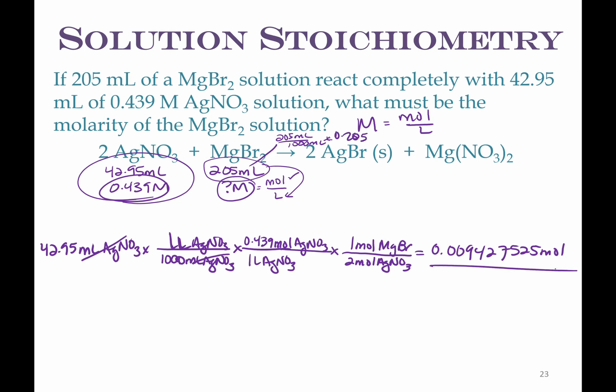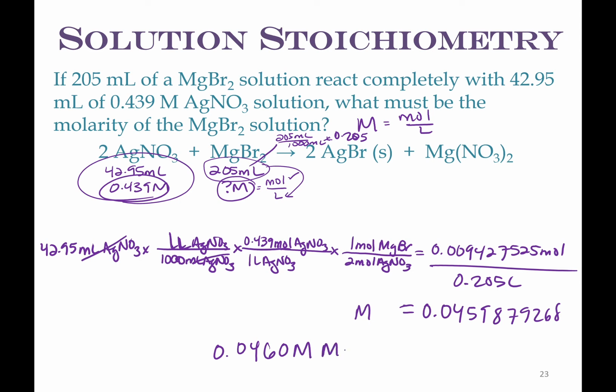So we divide that by 0.205 liters, and we're going to get molarity. 0.04598799268. 3 significant figures, 0.0460 molar magnesium bromide.